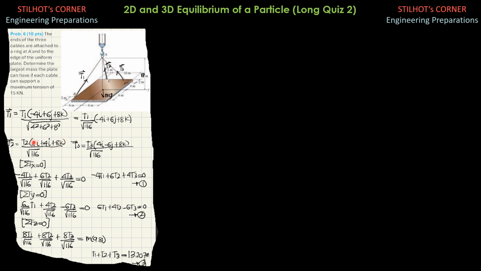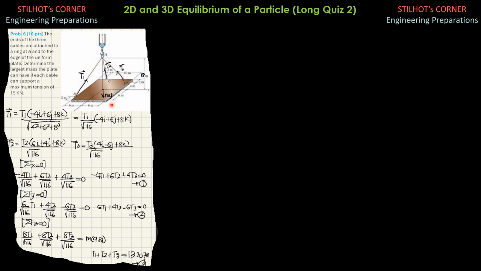Since we have the same components, the magnitude of that length is square root of 116 also. So T2 is 6i plus 4j plus 8k over square root of 116.